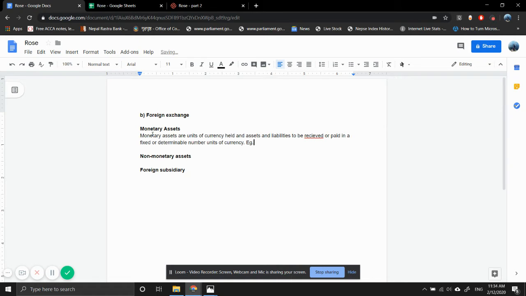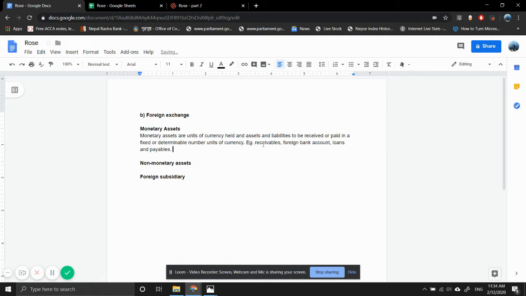Examples would be loans. Let's start with assets, right? Since we've written assets first of all, so receivables, foreign bank account, loans, and payables, right?